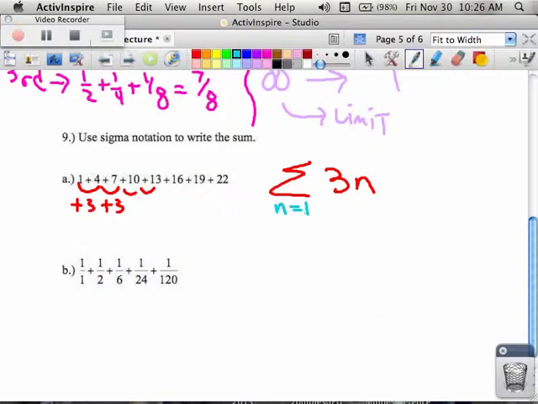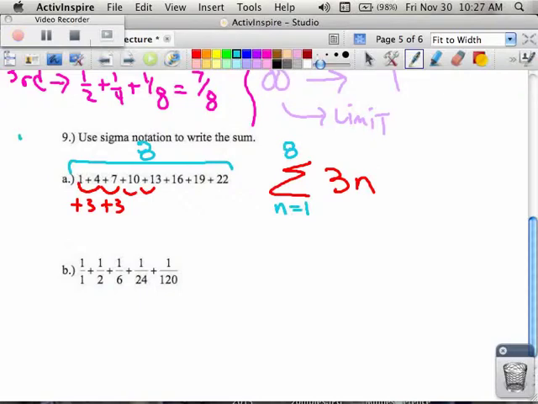What does the 1 down below the sigma mean? Joe? That means where the n starts. Or in other words, plug a 1 in first. How many different things are there here? 8. That means the top number is going to be 8.